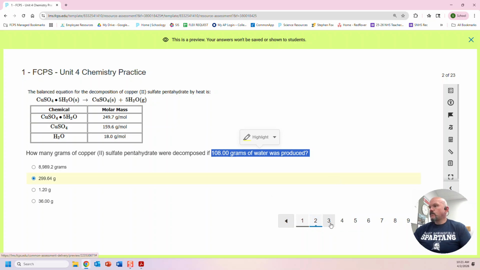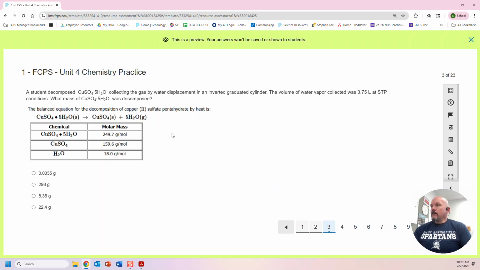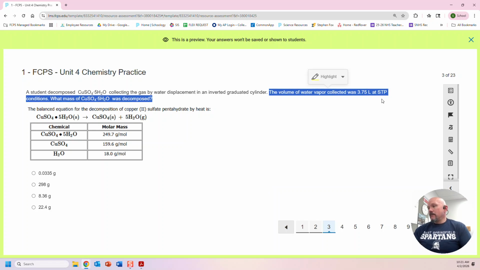Okay. Number 3, again, more stoichiometry, but we got to remember, and this question, not this specific question, but a very similar question, not the same numbers, is on the Fairfax County assessment. I don't like it because you can't have water vapor at standard temperature and pressure, right?